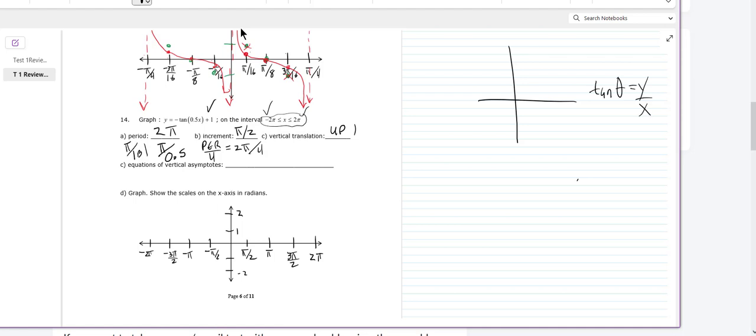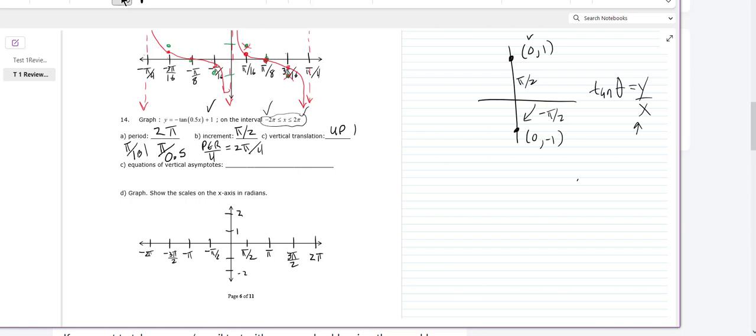So you have to figure out where it's undefined, where x is 0. When you're at pi over 2 radians, x is 0, so the tangent is undefined at pi over 2 radians. You also have this point right here, which is 0, -1. This would be negative pi over 2, or you could name it as 3 pi over 2.